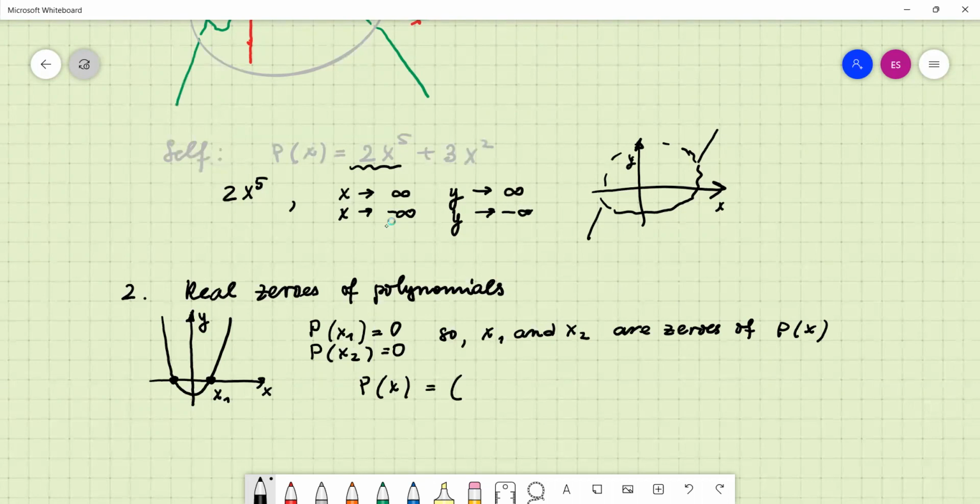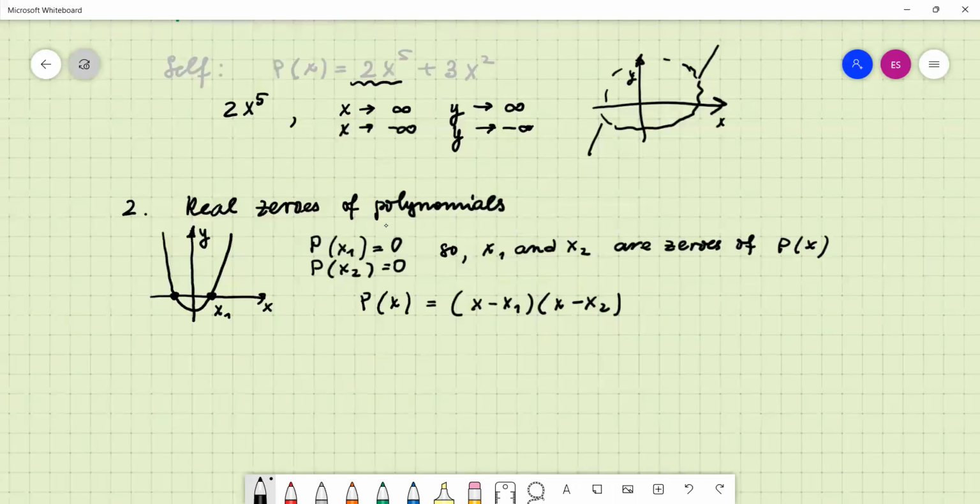If the leading coefficient is 1, then it's going to be x minus x1, times x minus x2. You know that's factoring, right? And if x1 and x2 are zeros, so solutions of this equation, then we can represent it like this. Actually, any polynomial can be represented like this, just the number of parentheses is going to be larger.